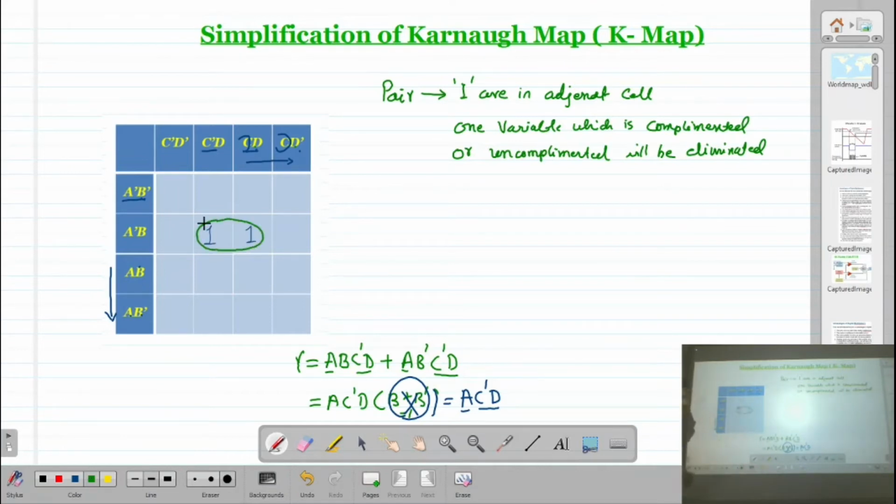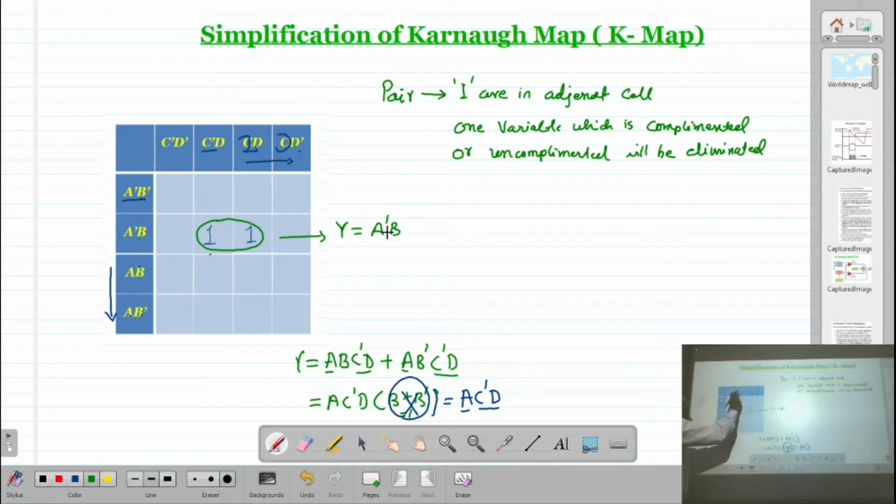Now directly, without writing the expression, how will you write this? That you can see A prime B is constant. When I am moving here, then A prime B. So for this expression directly we can write A prime B, which is not going to change when you are moving from here to here.